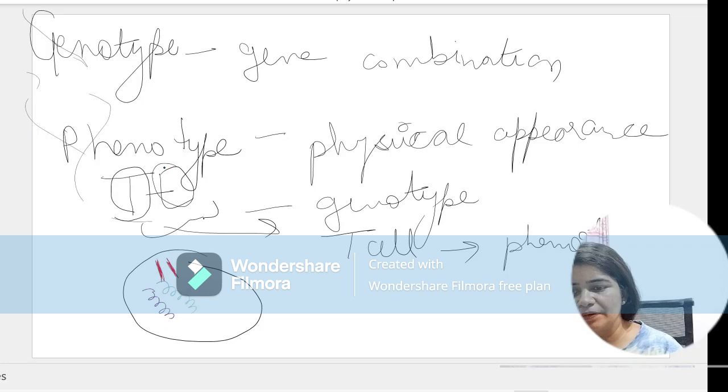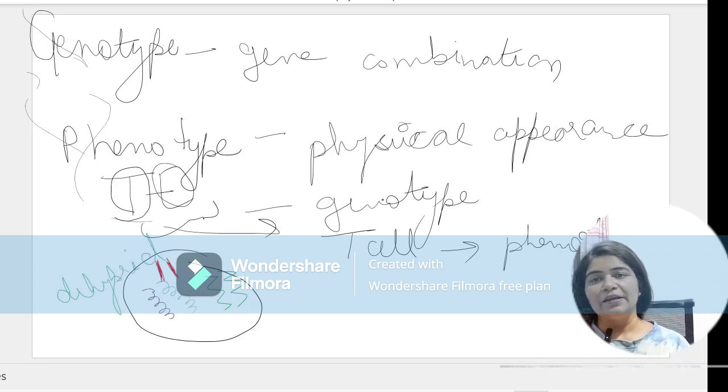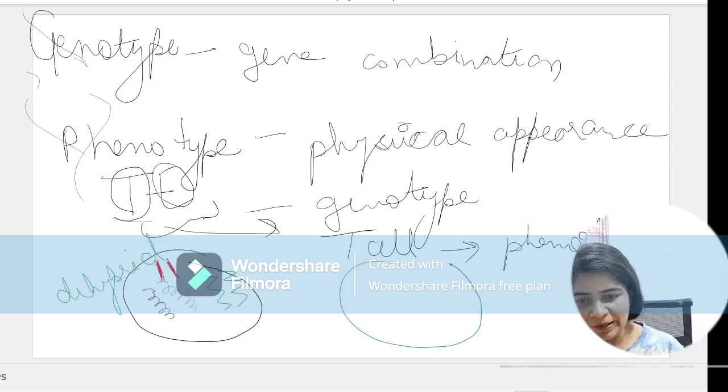For example, green. If this is also present in double the amount, such a cell is called a dihybrid. You can also see one of my initial videos on dihybrid and monohybrid cross. If a cell is like this and has only one type of chromosome, it will be a haploid cell.